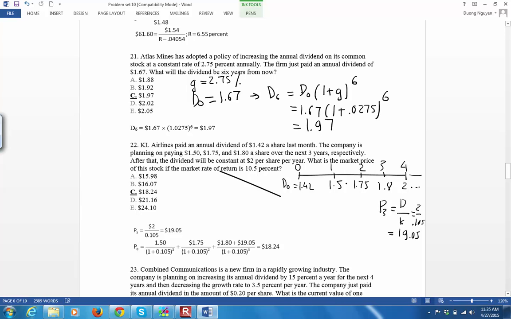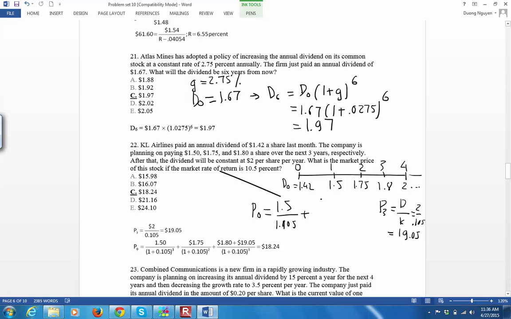equal to 19.05. So if you buy the stock today, you receive 1.5 in the first year, 1.75 in the second year, 1.8 in the third year, and the value of the stock in the third year is 19.05. So the stock price today is the present value of each one of them. The present value of 1.5 is 1.5 over 1.105.